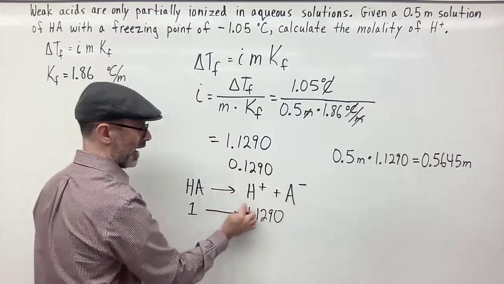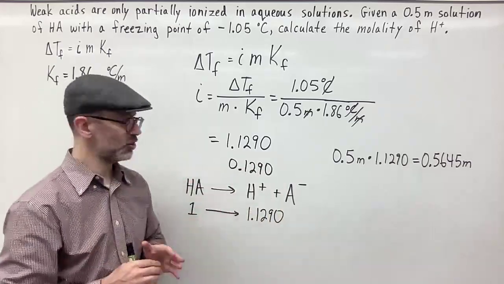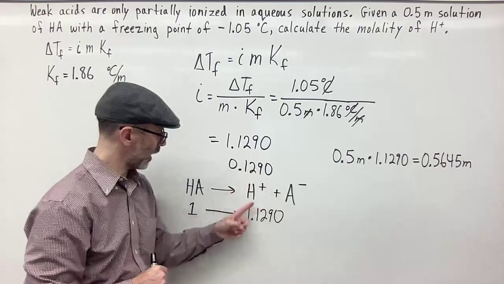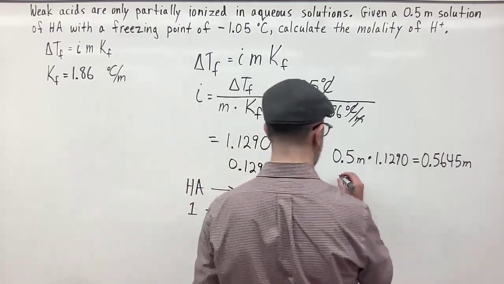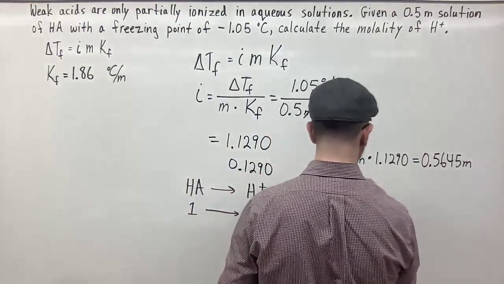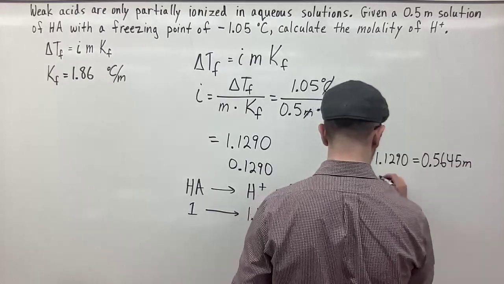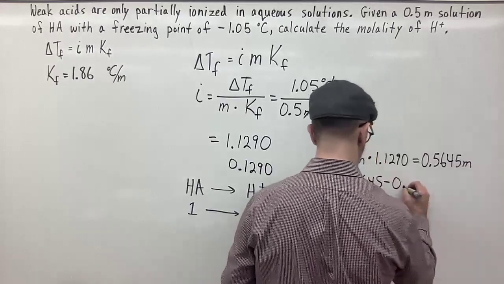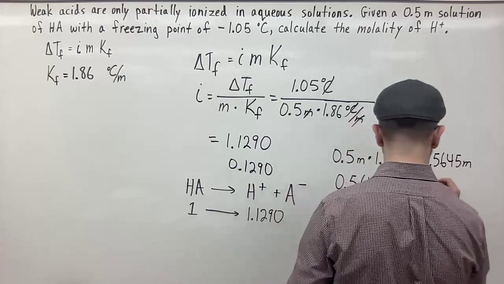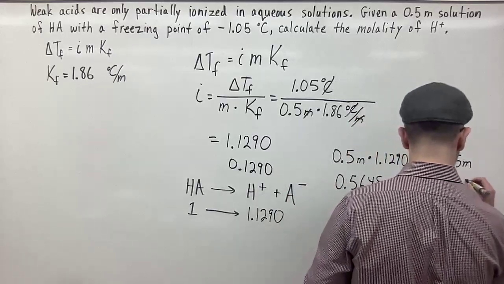So the extra added must be due to the extra that was created by the dissociation or ionization, so H plus. So if we subtract 0.5 from 0.5645, that gives us 0.0645.